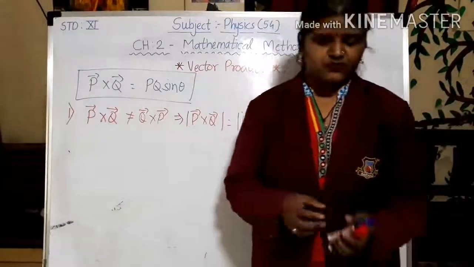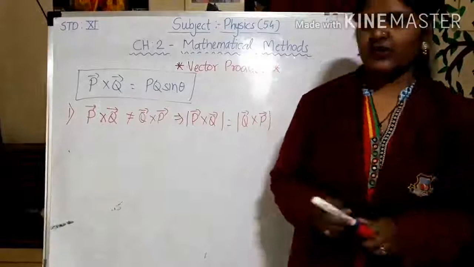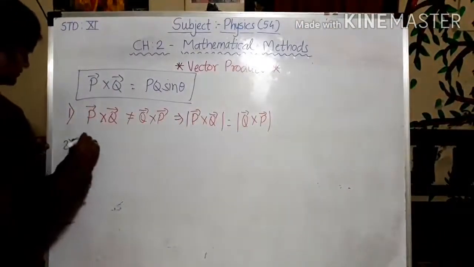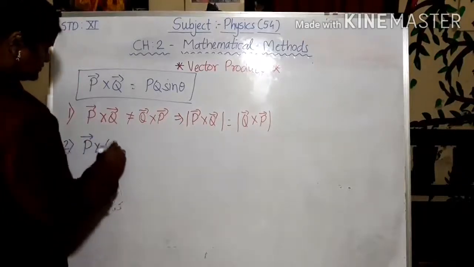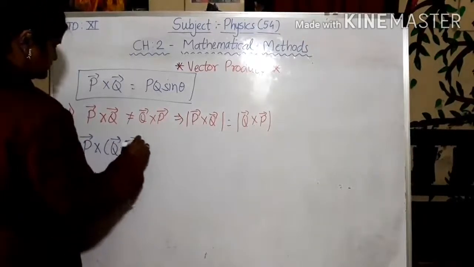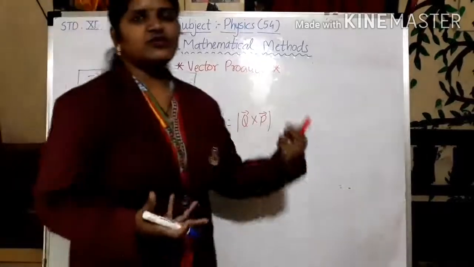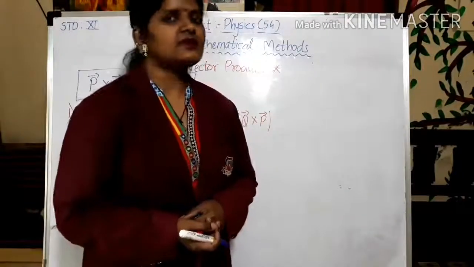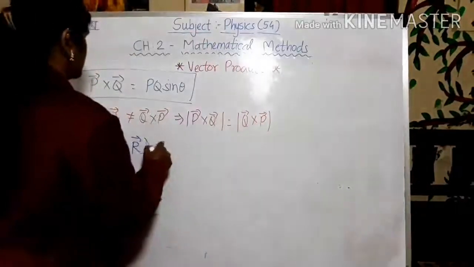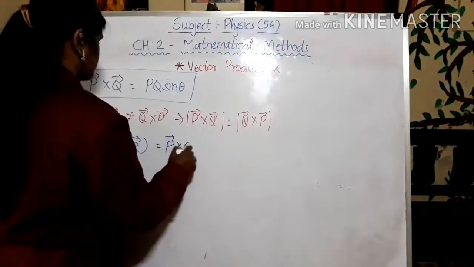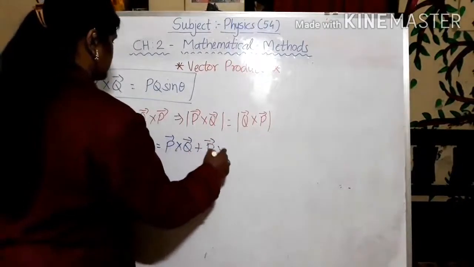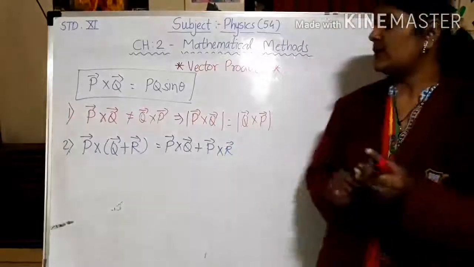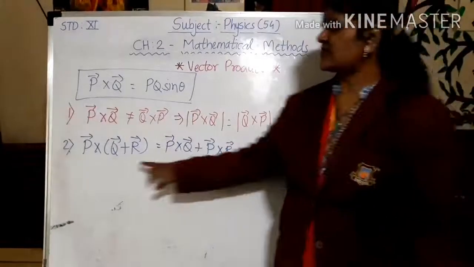What happens to the distributive law? Second, what do you think? Does it satisfy the distributive law? Yes, it will satisfy the distributive law. That means I can say p bar cross (q bar plus r bar) equals p bar cross q bar plus p bar cross r bar.